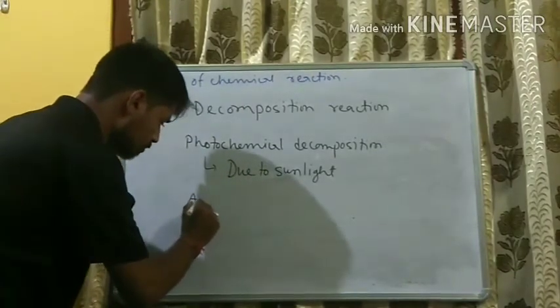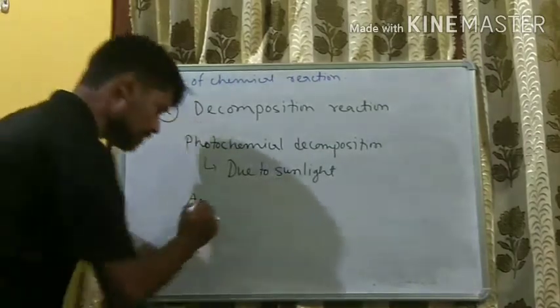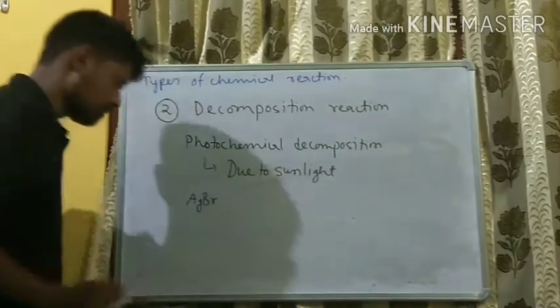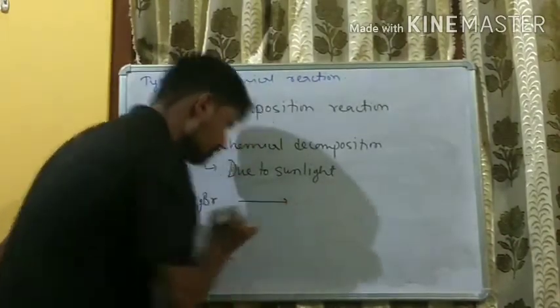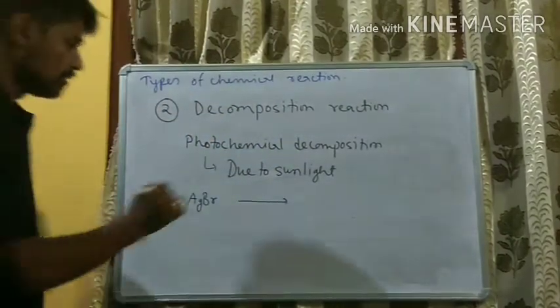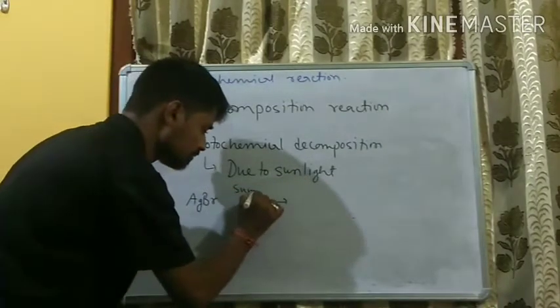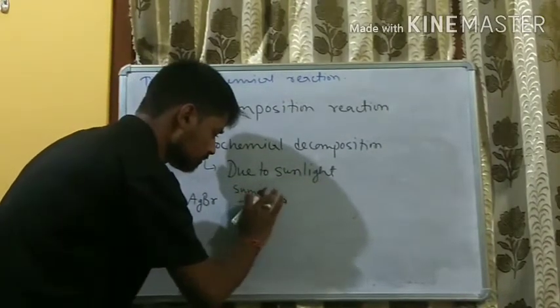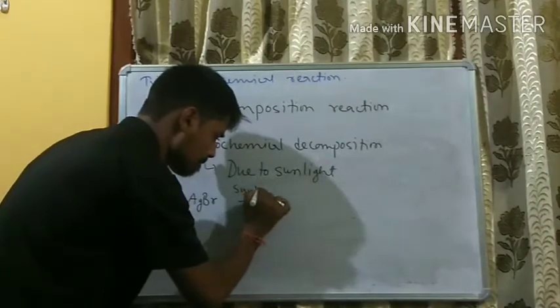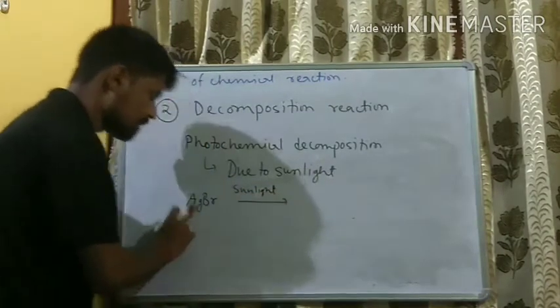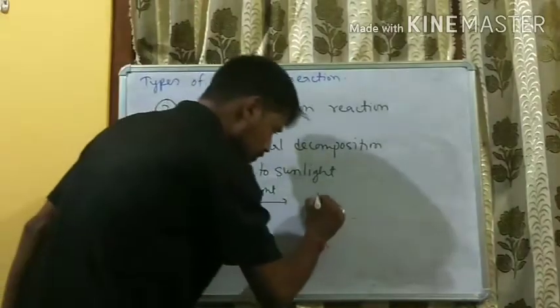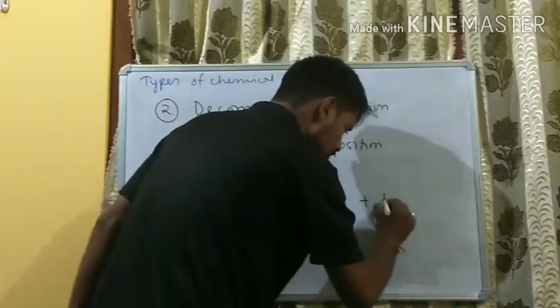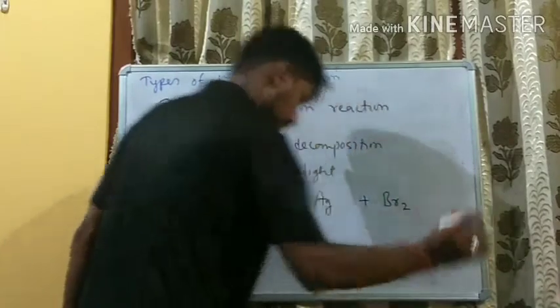An example of this reaction is decomposition of silver bromide. Ag is the symbol for silver, and Br bromine. AgBr means silver bromide. When silver bromide is exposed to sunlight, it decomposes to silver and bromine.